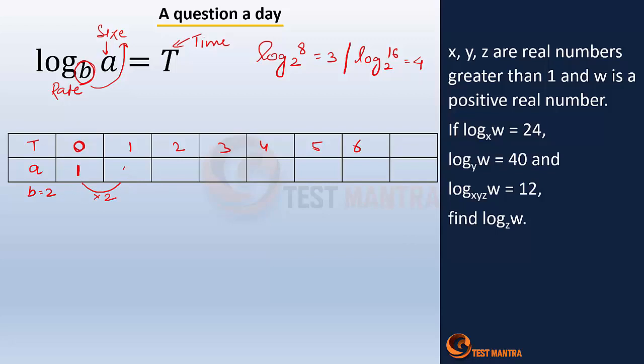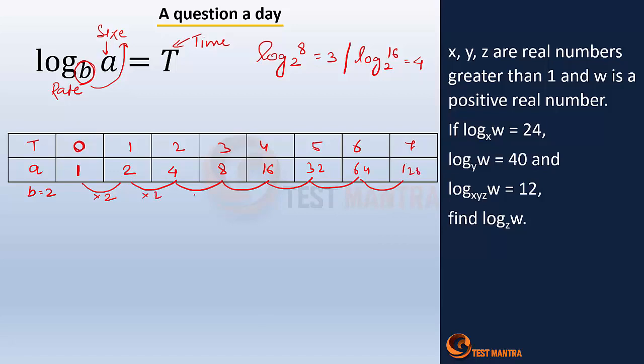That means my size here will be nothing but 2. In other sense I can say at 1 hour my size will be 2, next hour 4, next hour 8, next hour 16, then 32, then 64, and then 128.